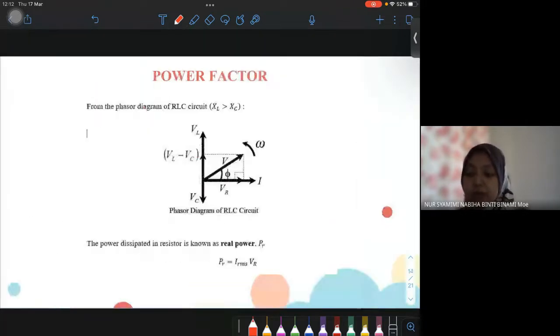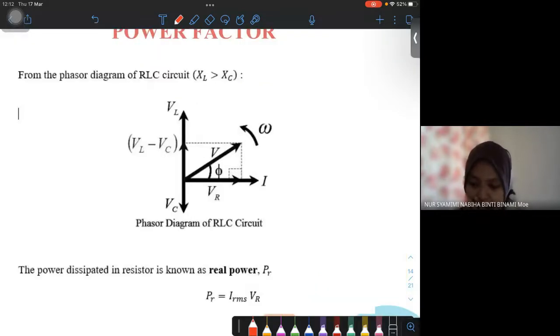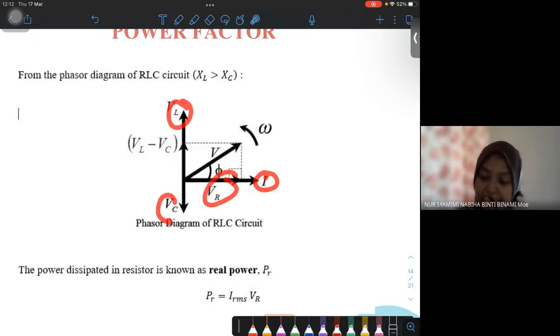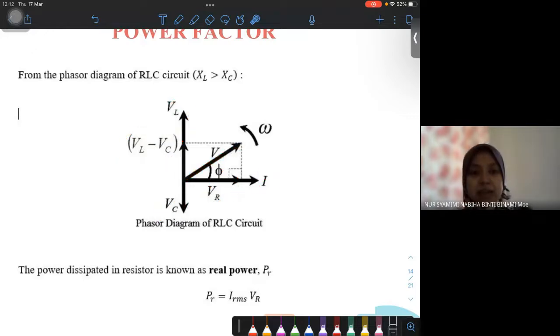Okay, now we want to find the power factor. What is power factor? We have a phasor diagram of the RCL circuit that we have already learned, which has I, VR, VL, VC, VL minus VC and V. Now I want to find the power factor. So what is power factor?